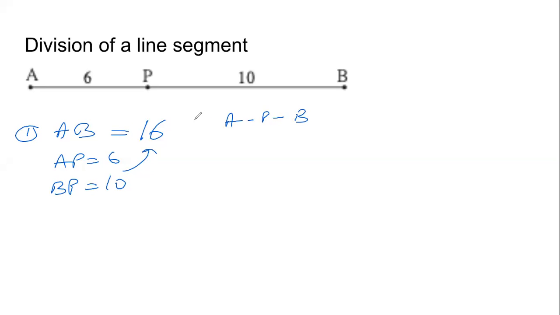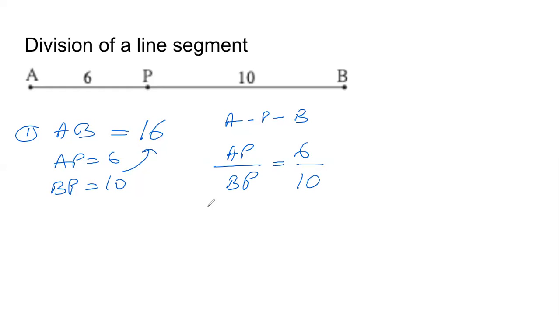Even if you don't know the numbers, just by looking at the diagram, the ratio in which P divides AB is AP by BP. दो टुकड़े है ना? AP by BP. Now in this particular case, AP equals 6, BP equals 10.